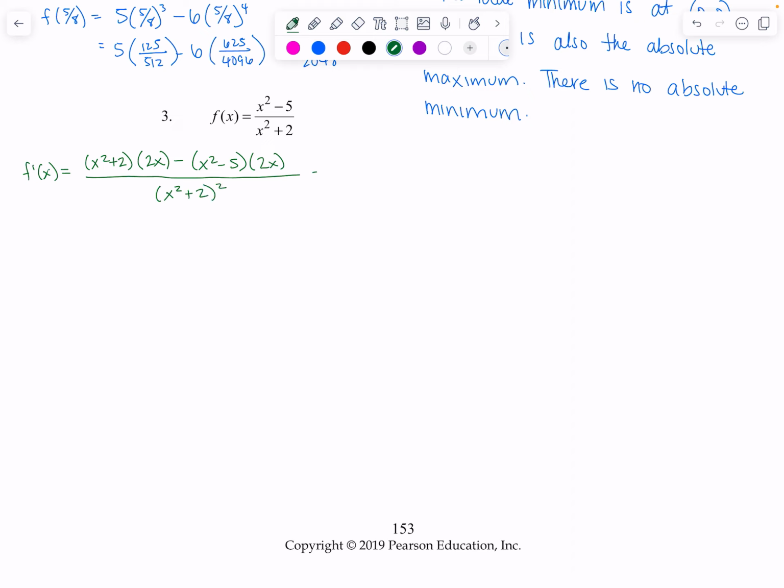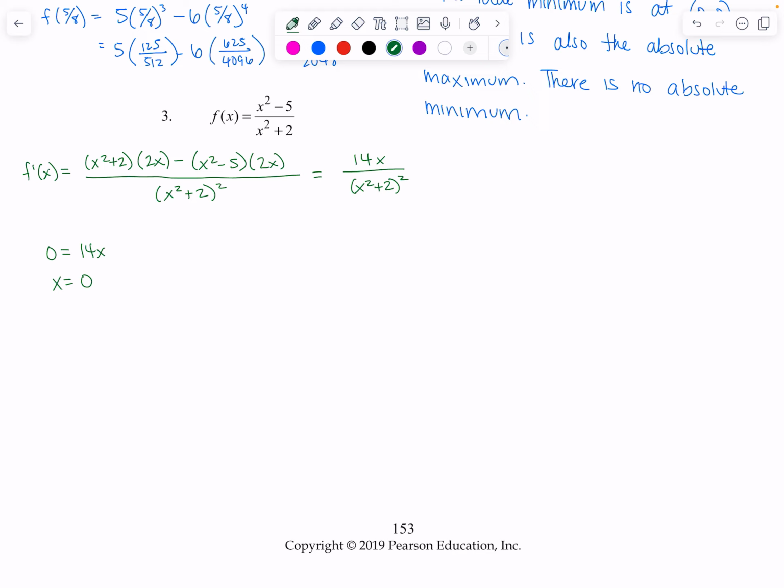And we can simplify this to 14x over x squared plus 2 squared. Now, when this is equal to 0, that means 14x is equal to 0, so x equals 0 is our critical point.